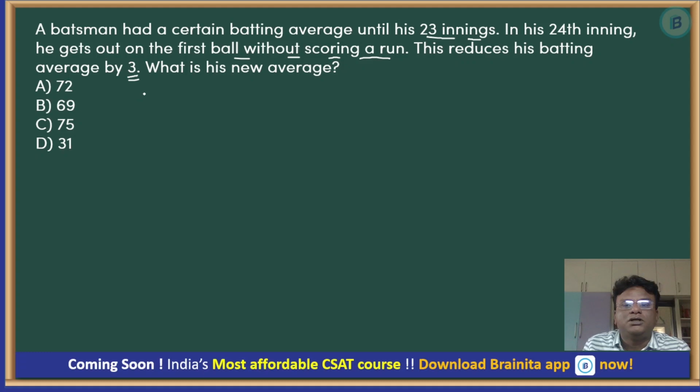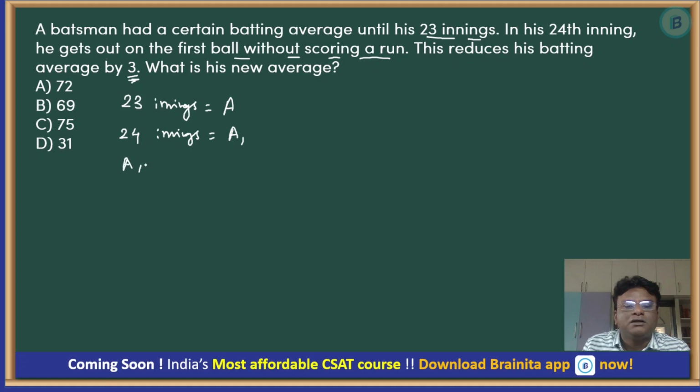So we have been told that in 23 innings, let us say his average was A, and after 24 innings his average was A1. A1 is lesser by 3 than A, because his average was reduced by 3 because he got out on 0.